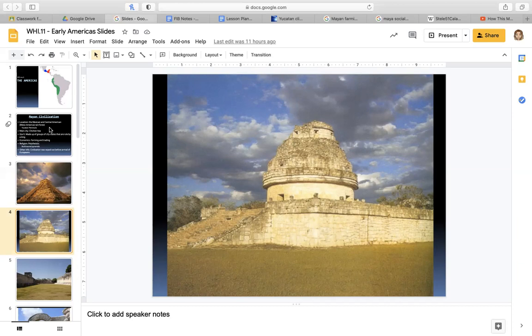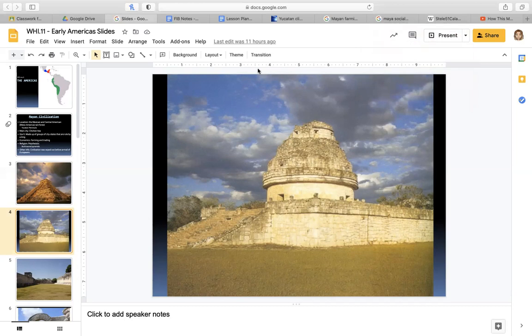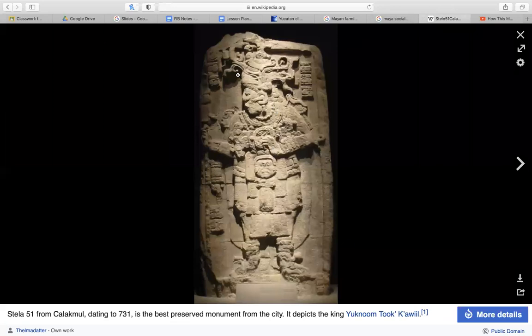And as we talked about in the social hierarchy, the scribes who found their place amongst the nobles, they would often write on these large stone slabs, and they would mention names of rulers. So this might be a ruler of a certain time period.